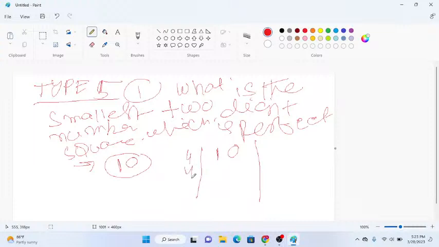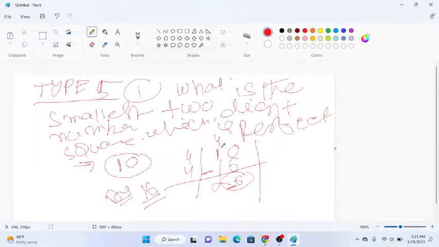This is 4, this is 4, this is 4. 4 fours are 16. Reverse subtract: 6 minus 0 is 6. That means minus 6, so if we add 6 to the given number, it will become a perfect square. So our correct answer is 16: 10 plus 6 is 16.